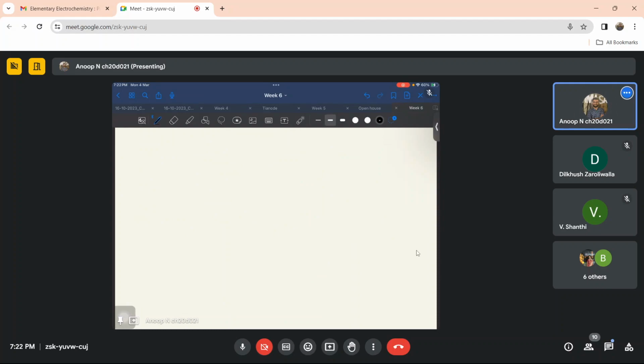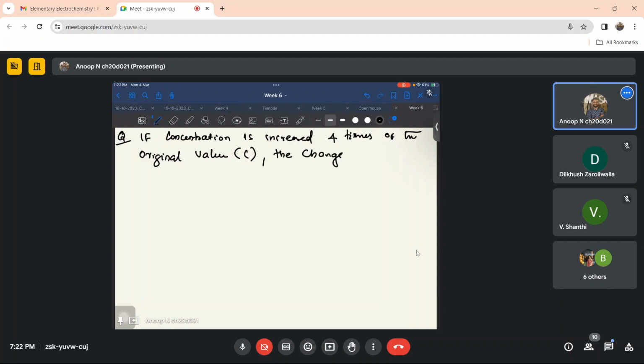The question is: if the concentration is increased 4 times the original value, what is the change in molar conductivity of a strong electrolyte?